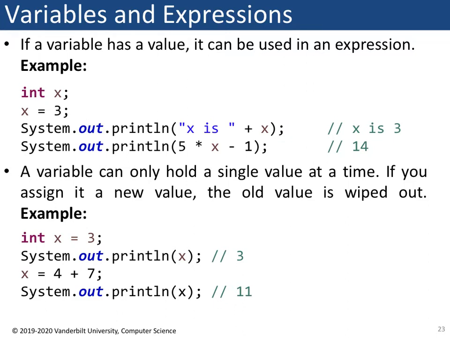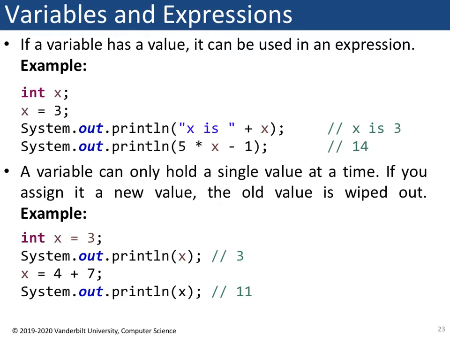So the integer value will be concatenated into the string, and so the result is going to be a print line statement that shows to the screen x is 3, as shown over here in the comment. And then the following line will print 5 times x minus 1. So the operator precedence here, the multiplication is going to go first. We're going to do 5 times 3 is 15, then minus 1 is going to be 14. That will be shown to the screen.